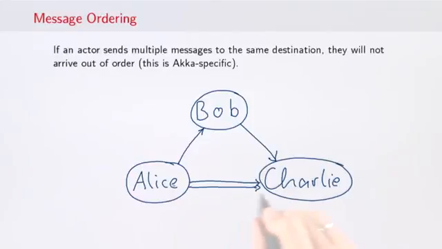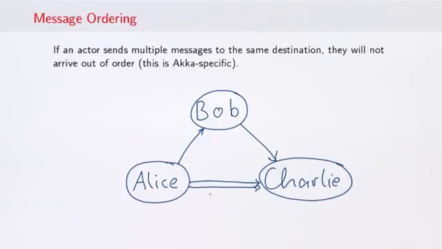So if Alice sends a message to Charlie, then in Alice's view, Charlie has already processed the message for all intents and purposes. So if it sends Charlie's reference to Bob, then if Bob subsequently sends to Charlie, this should not be able to arrive before the message from Alice. This guarantee is rather expensive to realize, but E has also a different focus than Akka.